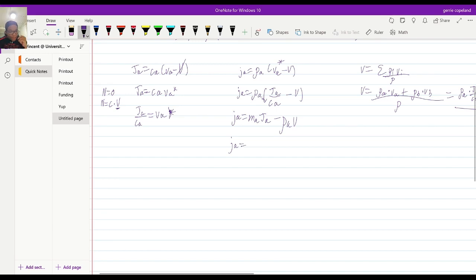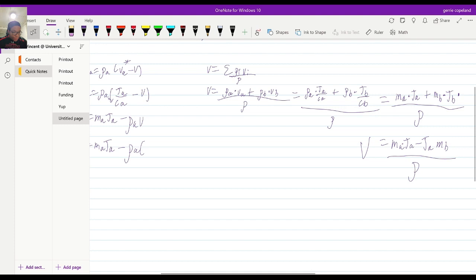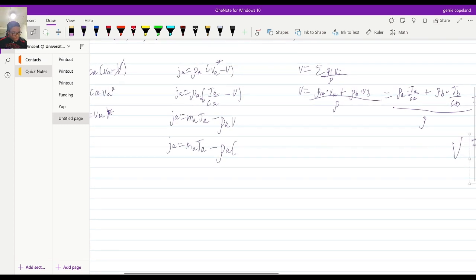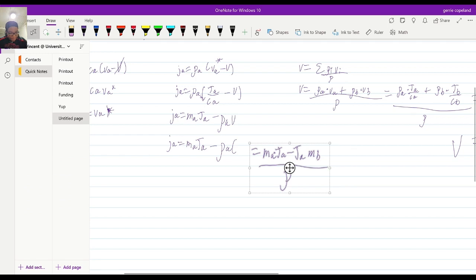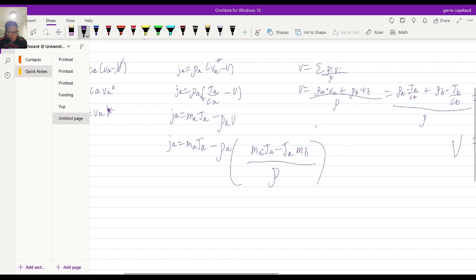Now we have our mass diffusive flux equal to our molecular weight times the molar diffusive flux minus our density times the expression, so let me copy and paste this.